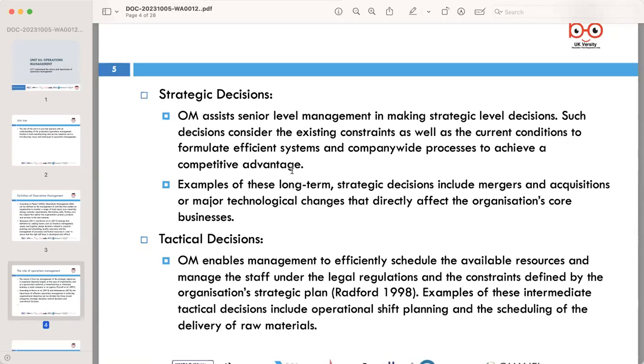These high level decisions take into account existing constraints and prevailing conditions to craft efficient systems and holistic organizational processes aimed at attaining a competitive advantage. Long-term strategic decisions often encompass transformative actions such as mergers and acquisitions or significant technological advancement that directly impact an organization's core operations.